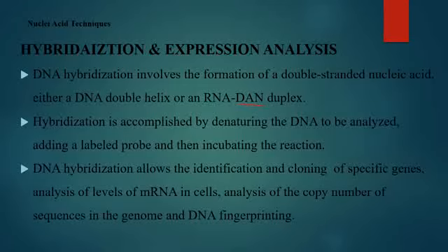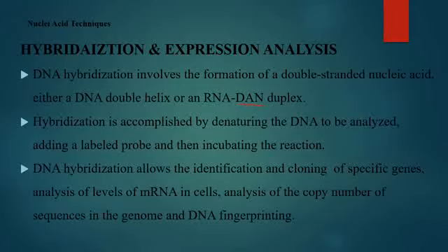So DNA hybridization allows the identification and cloning of specific genes. So you are able to identify and then you clone specific genes. That is what DNA hybridization helps achieve. Also helps in the analysis of levels of mRNA in cells.